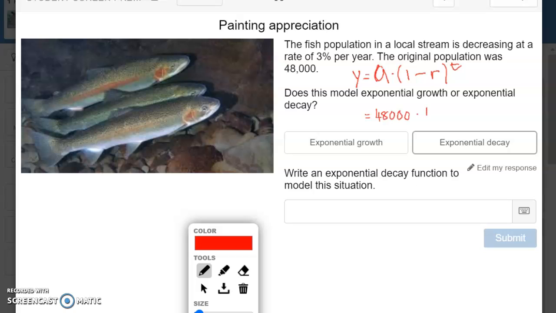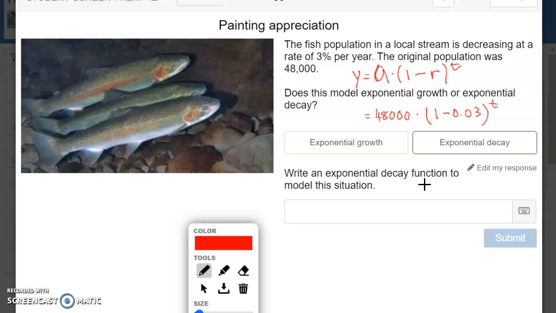And then we're multiplying that by, what is the rate of decay? It's 3%, but we need to convert that to decimal. 3% is 0.03. So that becomes 1 minus 0.03, because that's the 3%, all to the power of t.